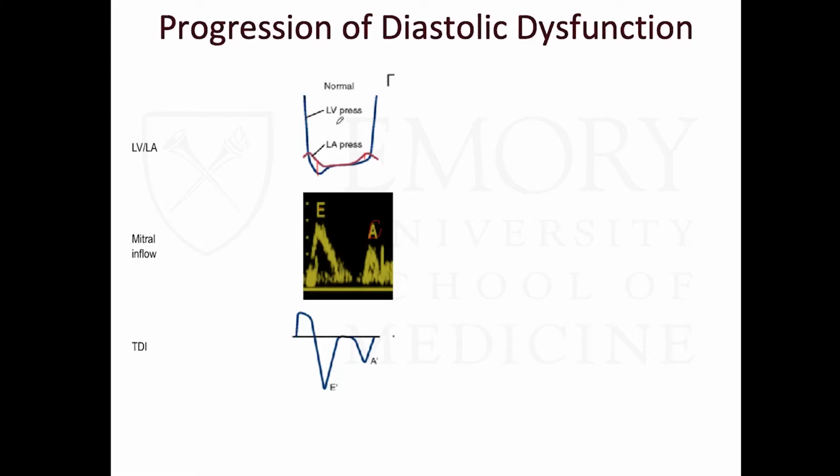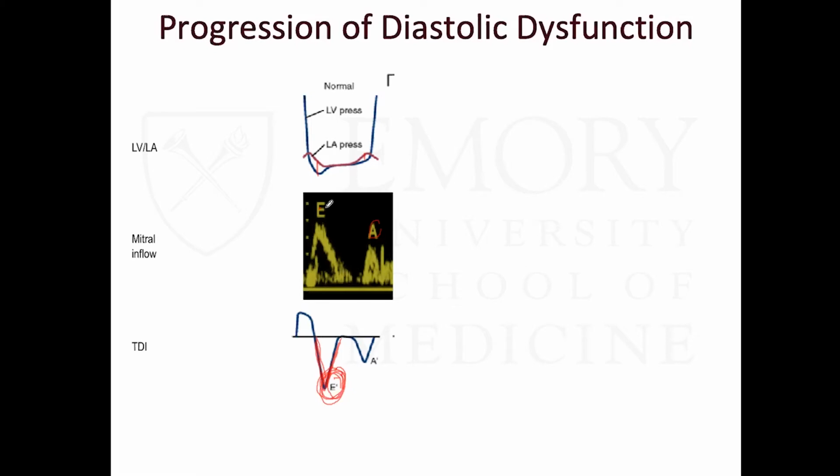Now notice with normal diastolic function, you have a normal suction, a normal relaxation, a normal tissue Doppler, like we said, the bounciness of the annulus, and this gives us the E prime. And then we have an A prime that we won't talk about much during this talk. We focus most of our discussion on the E prime and the pattern of the mitral inflow.